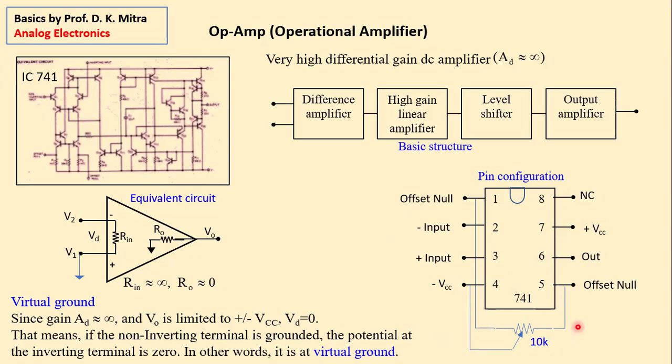So in multiple op-amp ICs, like say MC1458, where in one IC there are 2 op-amps, this offset null thing is not there. Because nowadays IC integration has become so developed, this offset normally does not exist, right? So this is the pin configuration.